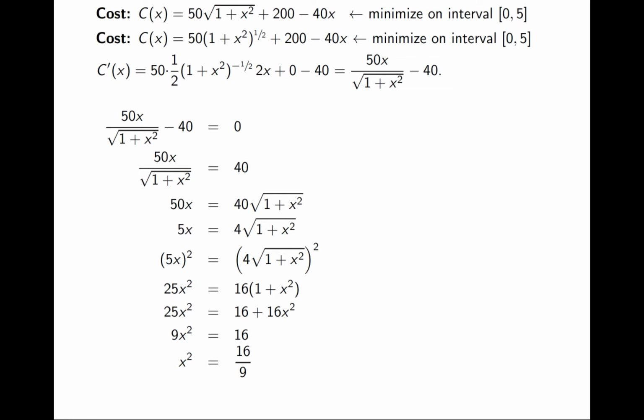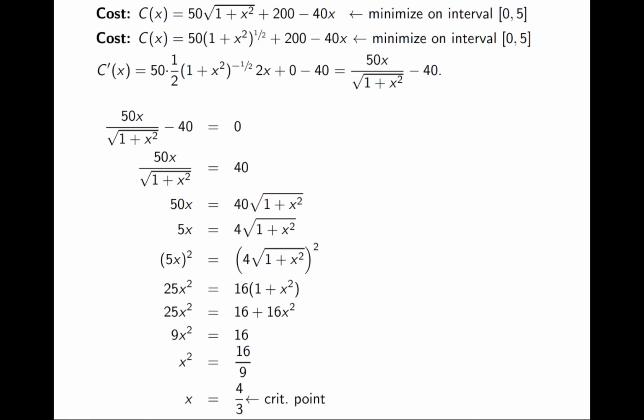X squared is 16 over 9, and taking the square root of that, we get x equals 4/3. Well, technically, it should be x equals plus or minus 4/3, but remember the interval is from 0 to 5. So we're not using the negative root here. So 4/3 is our critical point. Okay, just one critical point.